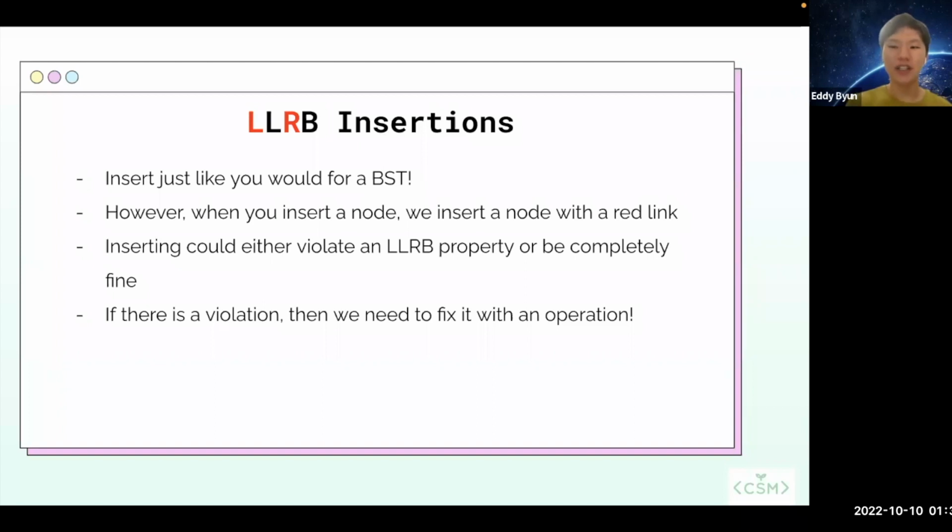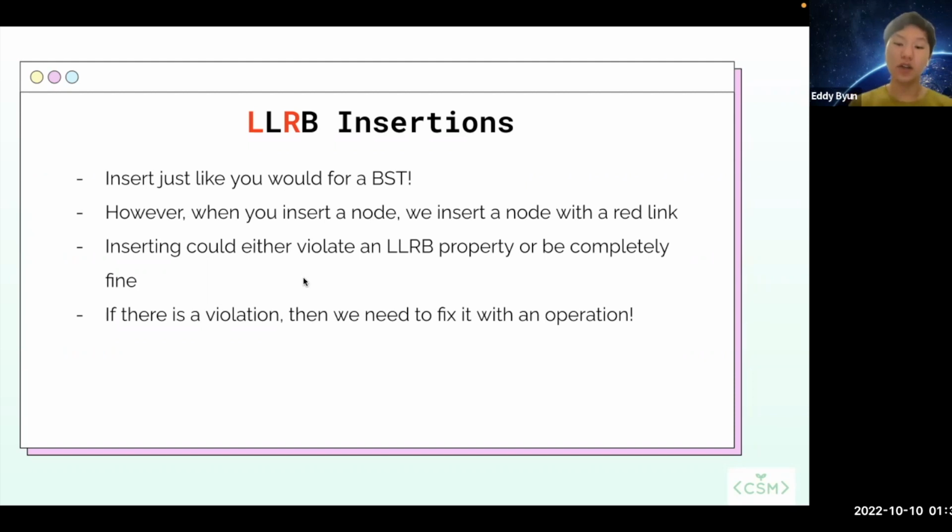And now I want to move on and talk about LLRB insertions. So when you insert into an LLRB, you first insert just like you would for a BST. So if an element is less than the root, we move and look in the left subtree. If an element is greater than the root, we'll go to the right subtree and search there.